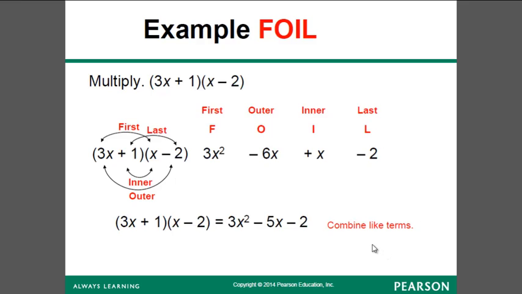Again, what we have done is we have distributed everything inside the first set of parentheses into the second set of parentheses. This particular method for binomial times binomial is called the FOIL method. We will learn more about this in future sections. This is just a brief introduction. If you need help, please let one of us know.